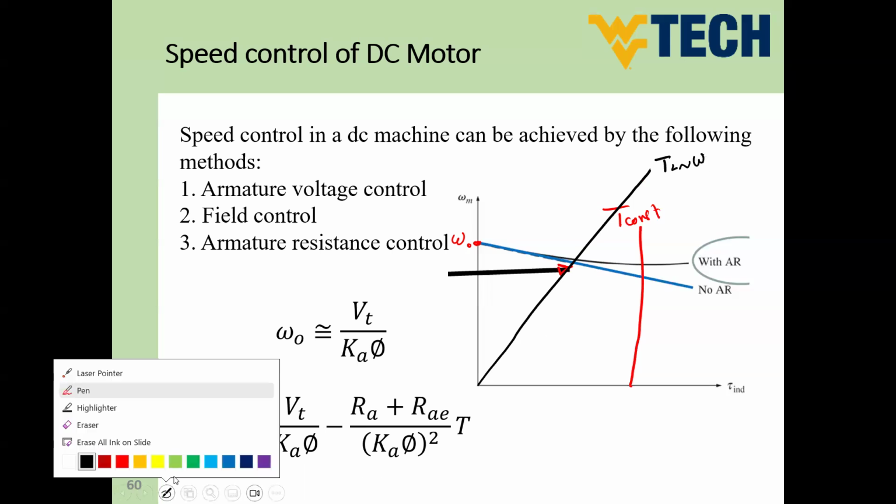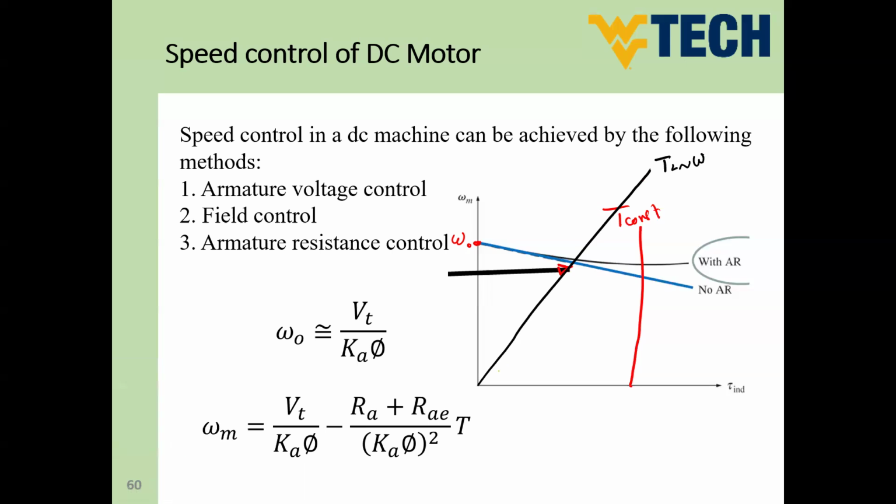Another type can be torque load proportional to the square of the speed. Okay.